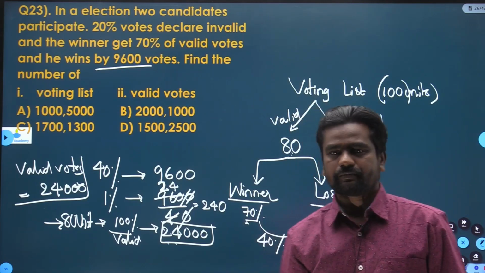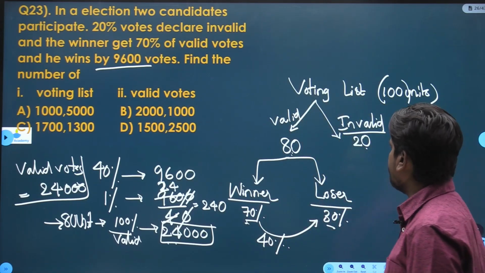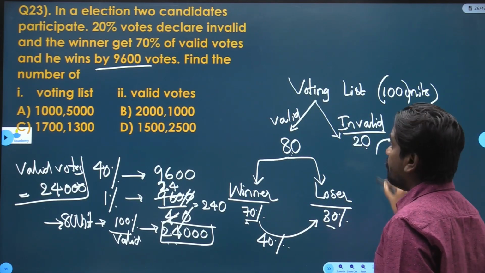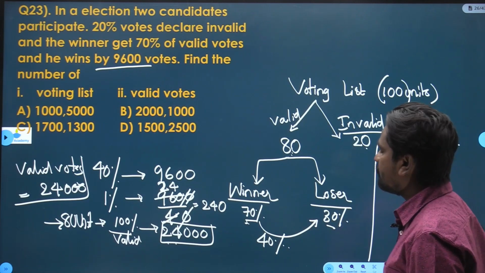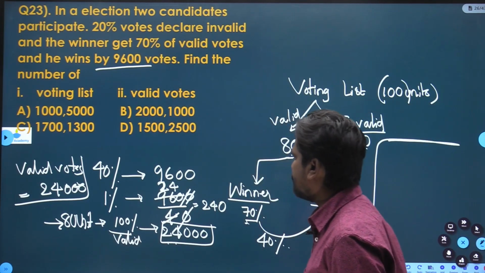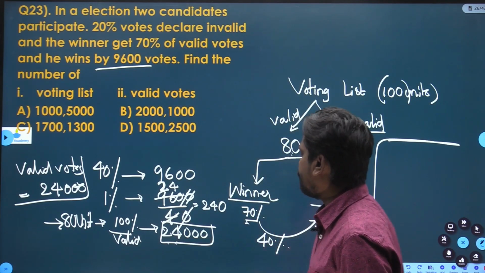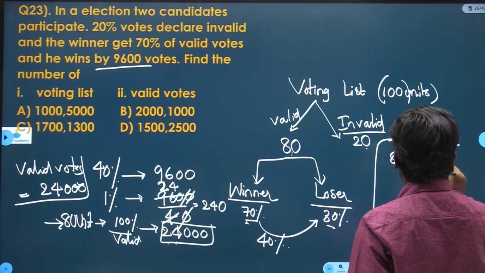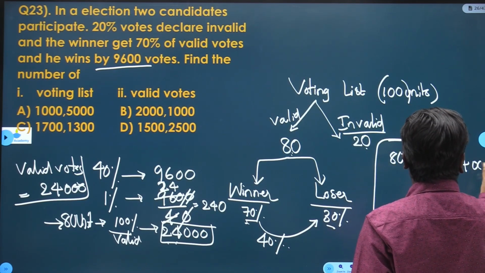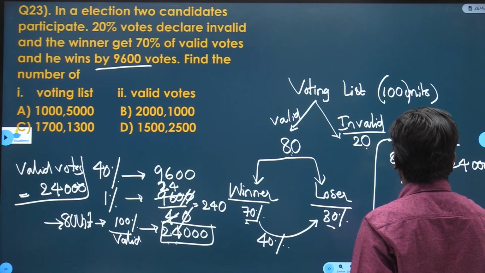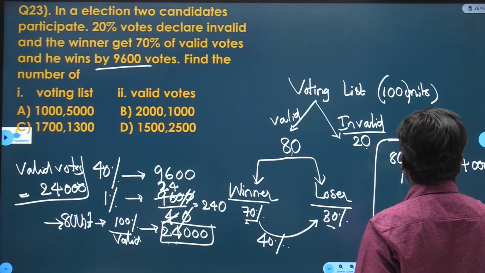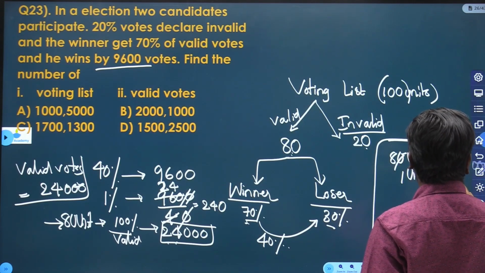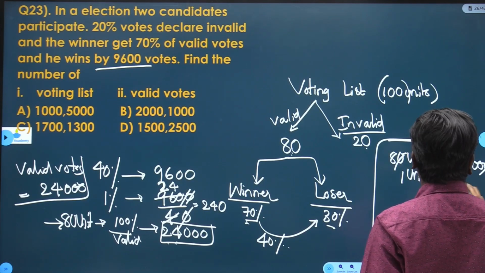Valid votes are 24,000. Now they are asking for the voting list. When 80 units is 24,000, what is 1 unit? 300.